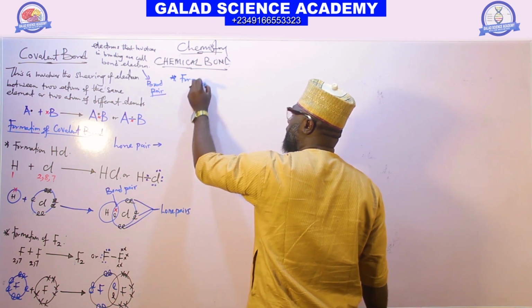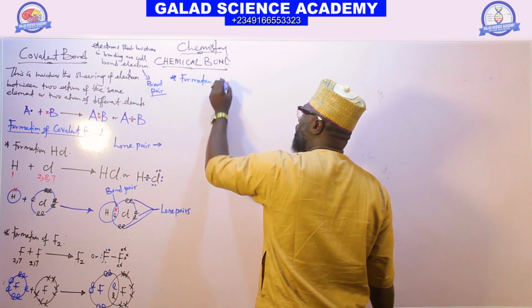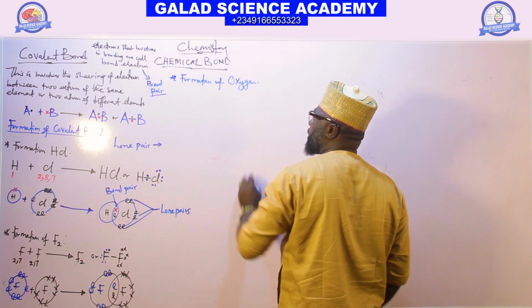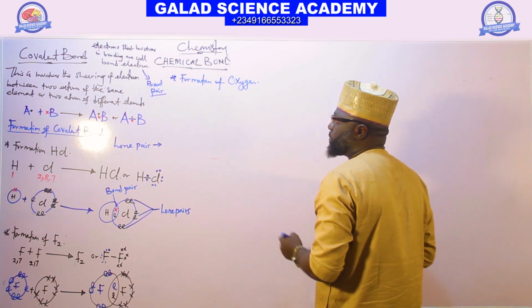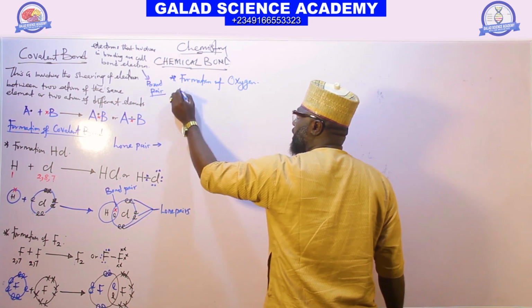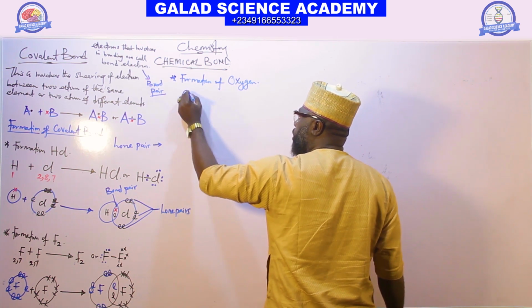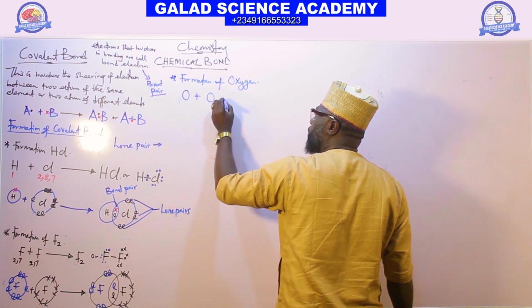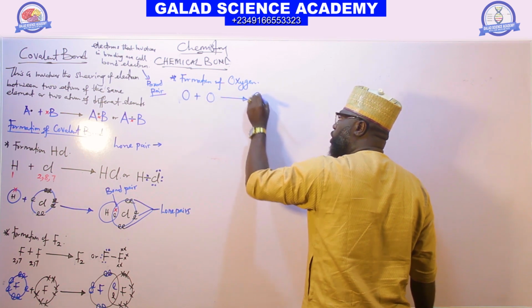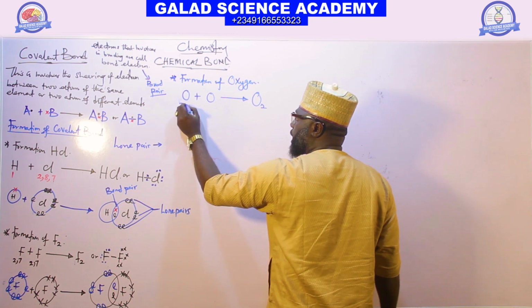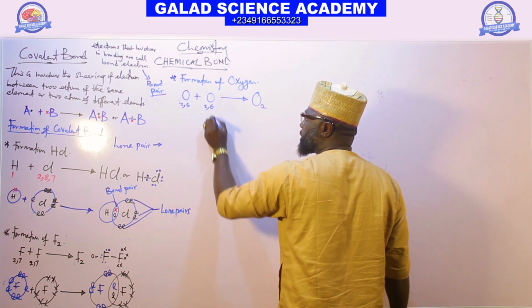So the third example is the formation of oxygen. If we look at the formation of oxygen, we have O reacting with another O to give us O2. This one is 8, 8.